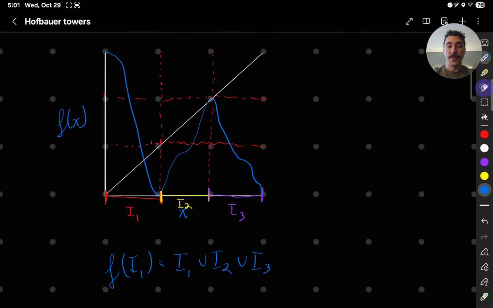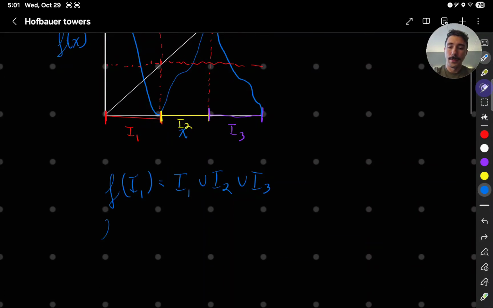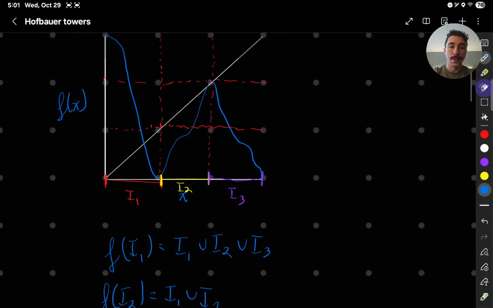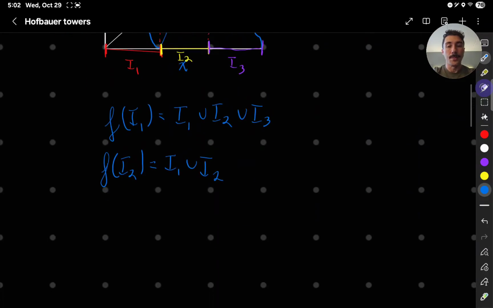Now, I2 does not map onto I3, right? Because this is I1, this is I2, this is I3. So it only hits I1 and I2, and it covers them. And I3 has the same image, I1 union I2.